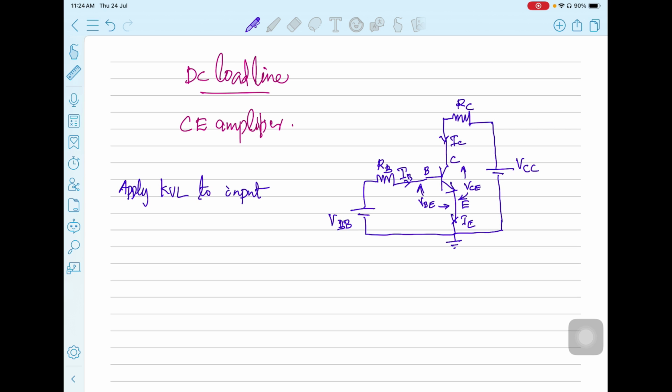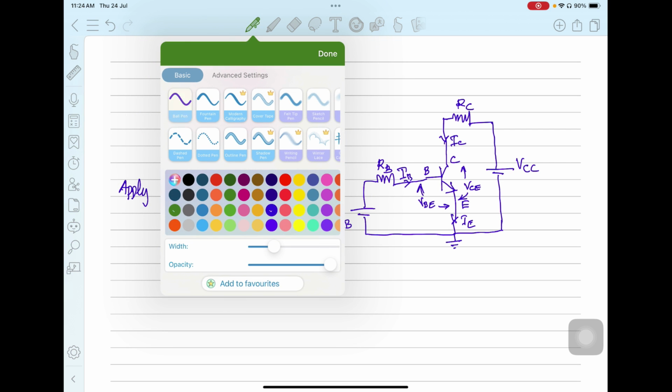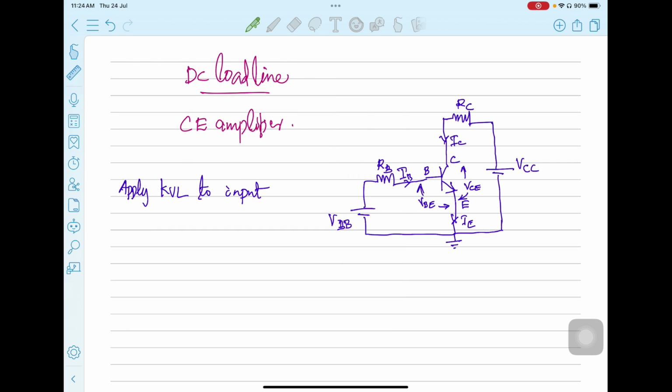When I apply KVL to the input, I can write the equation, it's simple. The supply voltage, that is VBB, is equal to the sum of the drops in this loop. So you are considering this closed loop.